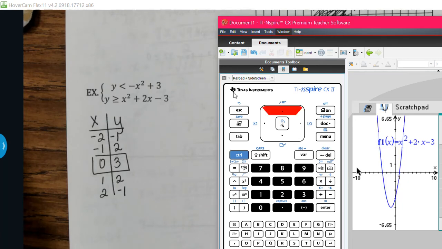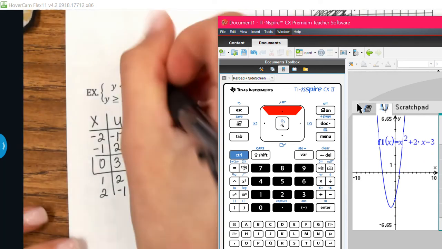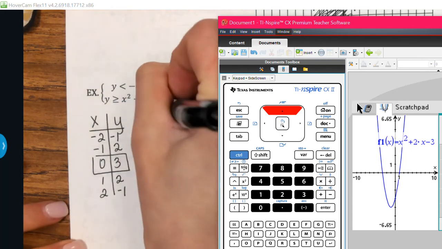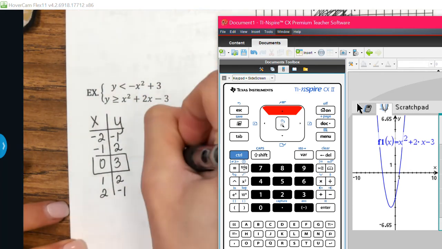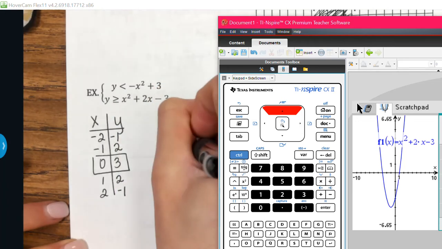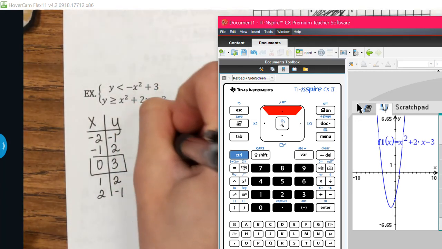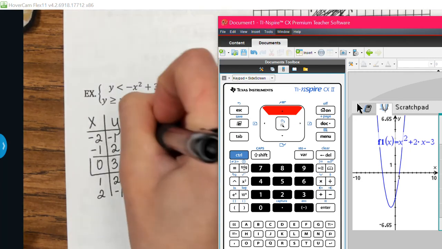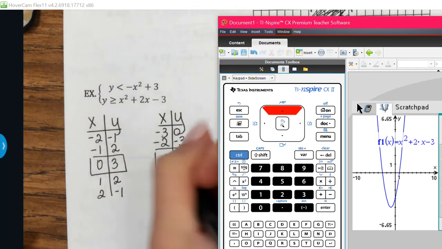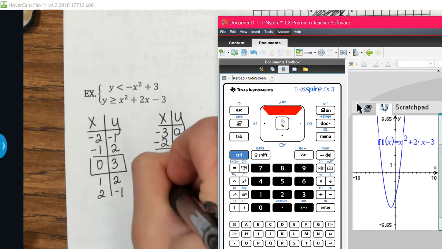So if you look, you'll notice negative 1, negative 4. It starts repeating around that. So for my second table, negative 1, negative 4 will be in the middle because that's my vertex. Then I've got negative 2, negative 3, negative 3, 0, 0, negative 3, and 1, 0.